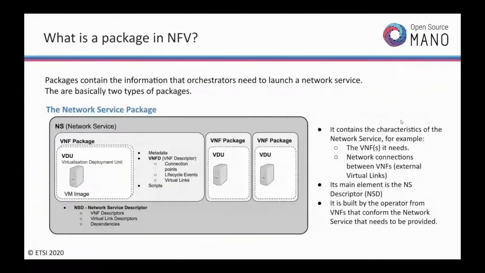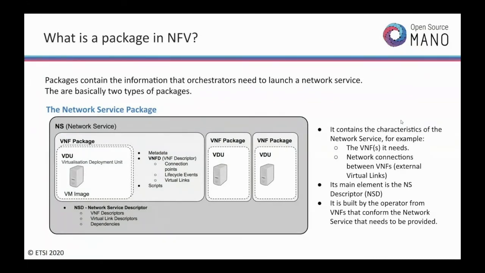So the network service is the second type of package. It contains the description, basically the descriptor of the VNFs that build the network service. So it contains references to the VNFs or the network functions it needs, contains a description on how these elements are connected between each other.